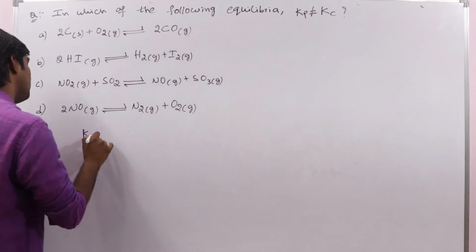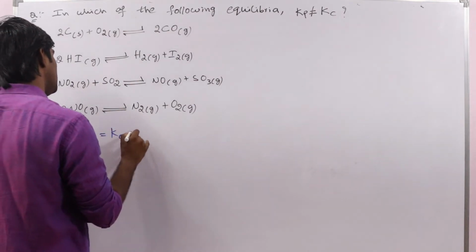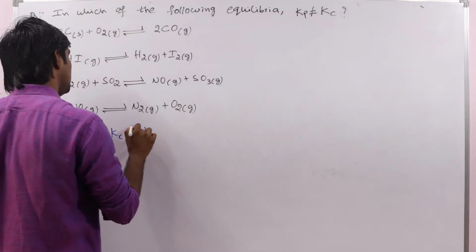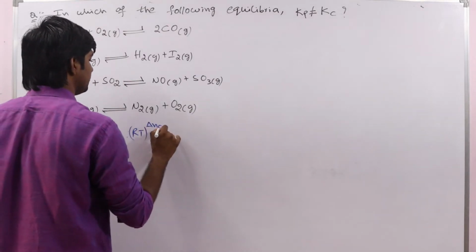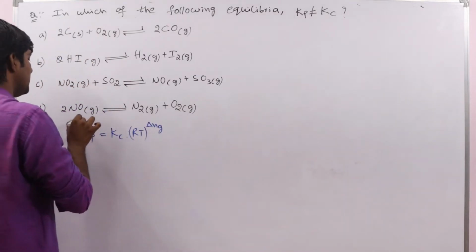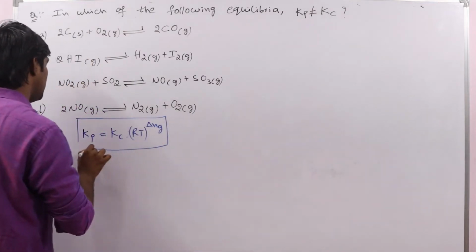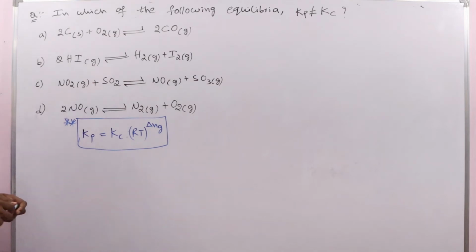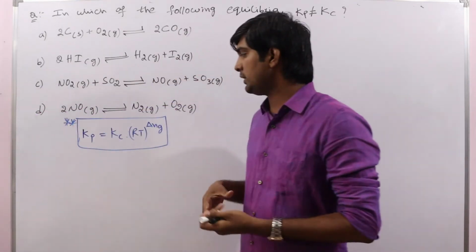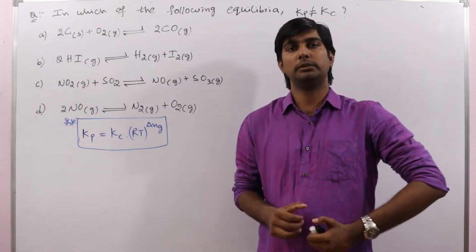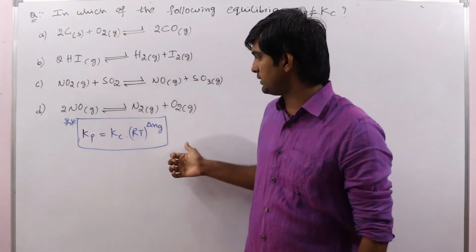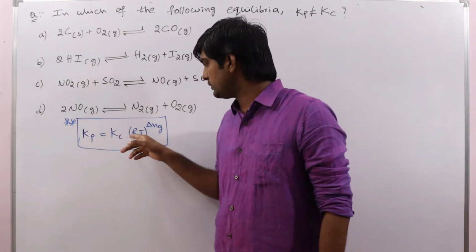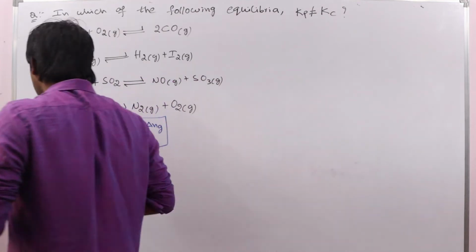Kp is equal to Kc into RT power delta Ng. This is the relationship between Kp and Kc, which you should remember, very important. Based on this formula, questions are asked many times in entrance examinations.